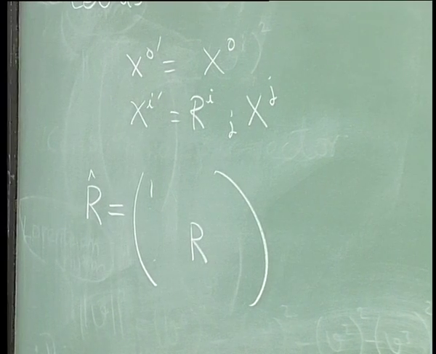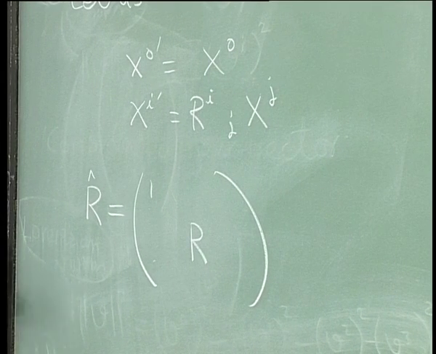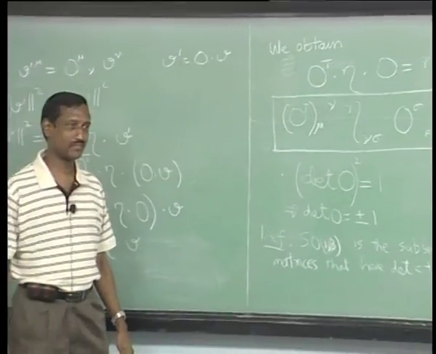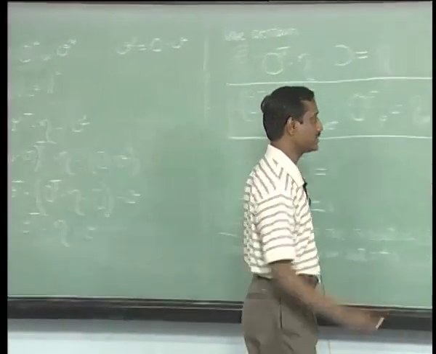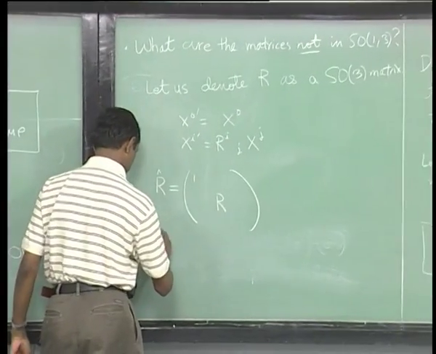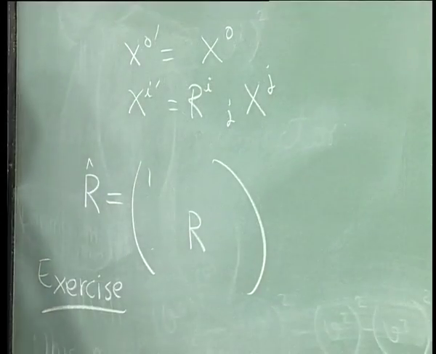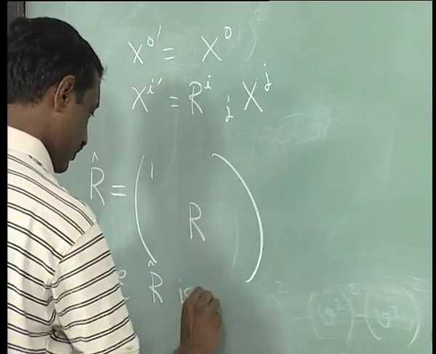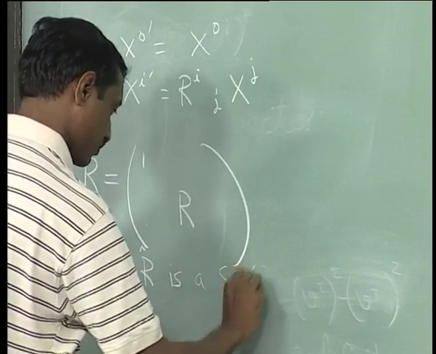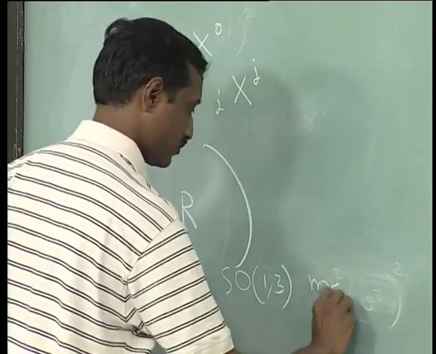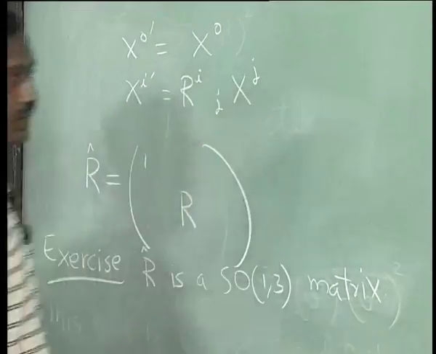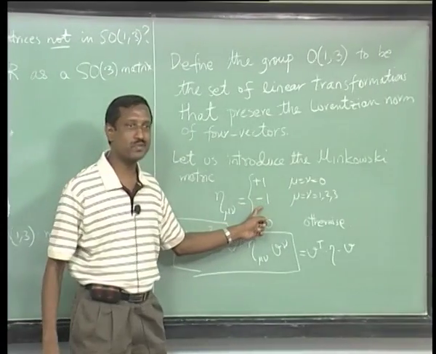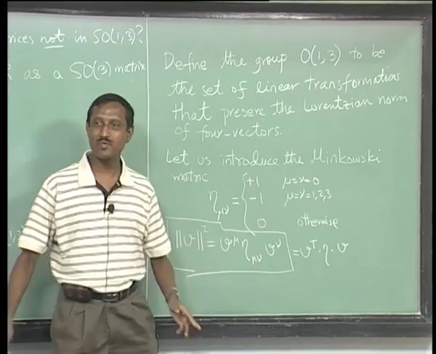Okay. I claim that this r hat satisfies this condition. Okay. So exercises, you might think that the problem would be because of this minus sign, but actually it will not be a problem.